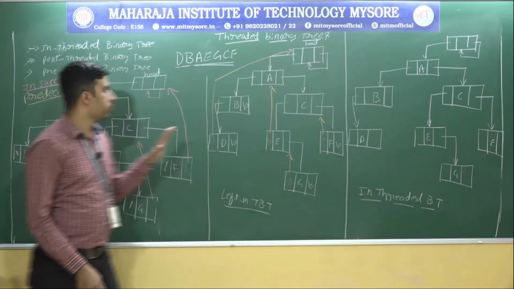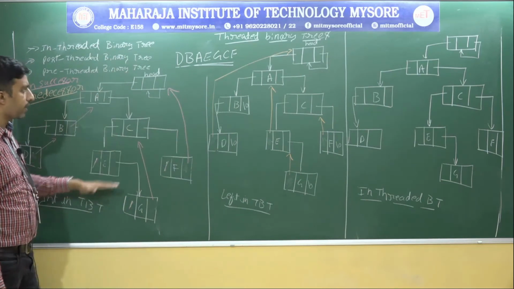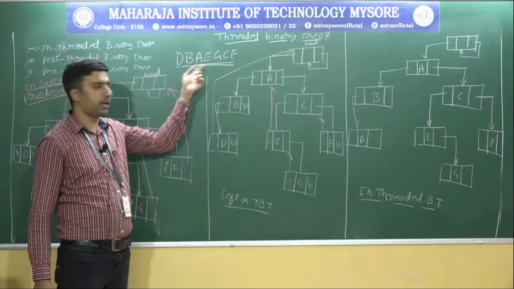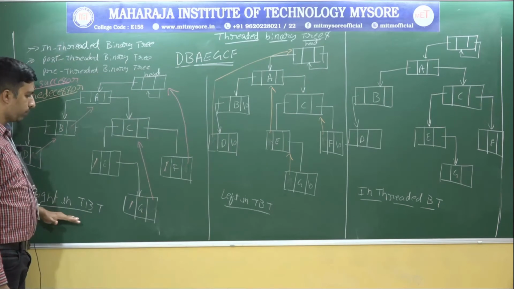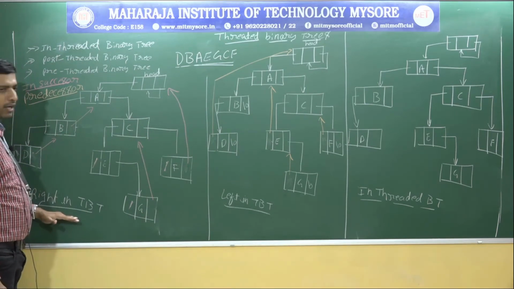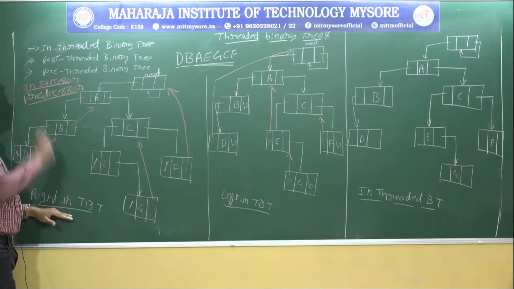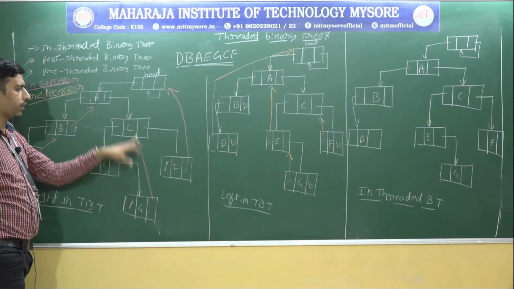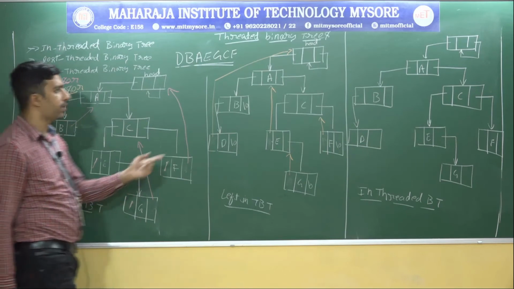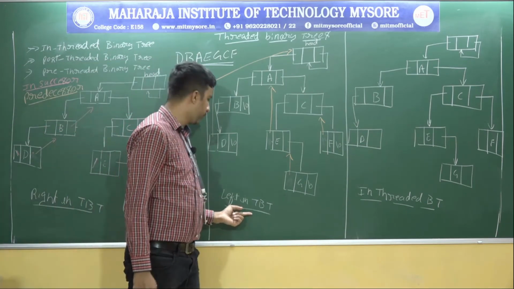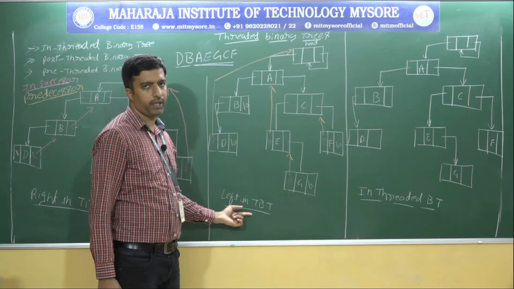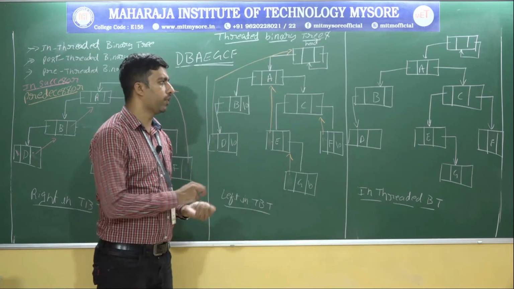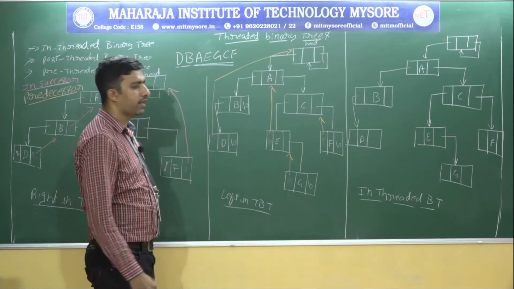See what you are supposed to do. For the given tree, write the in order. For the right in threaded binary tree, you go with the successor. If you mark those successors, it becomes right in threaded binary tree. If you mark the predecessors, it becomes left in threaded binary tree. Both together become in threaded binary tree.